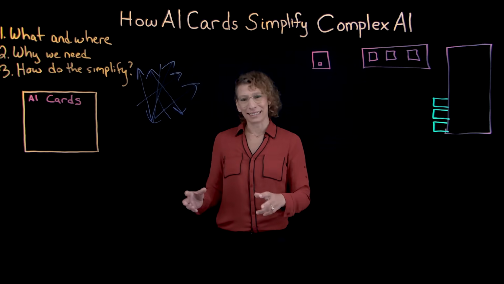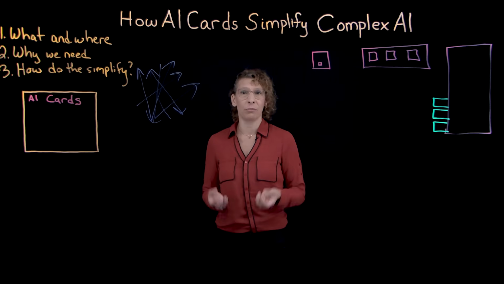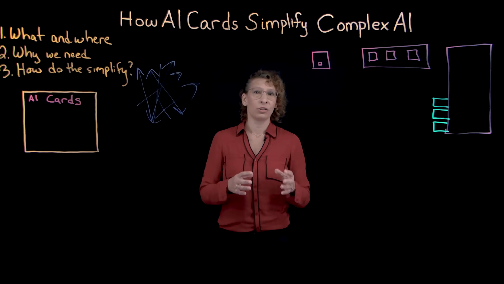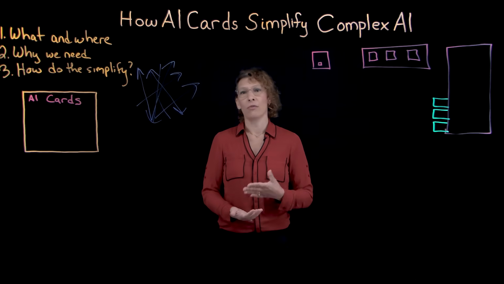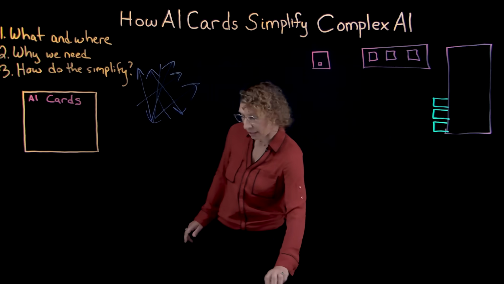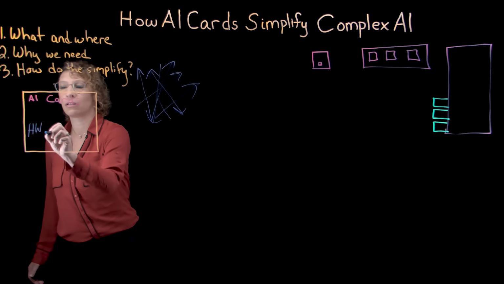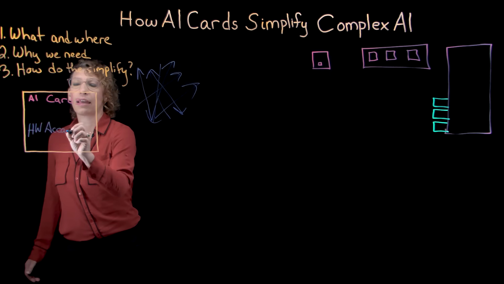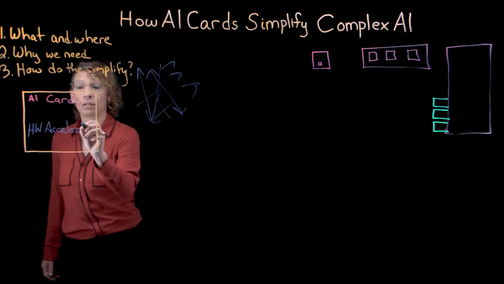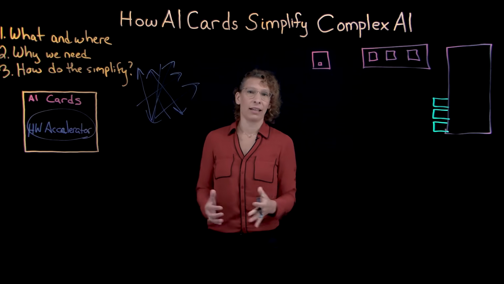But a hardware accelerator card, an AI accelerator card, is something where the microarchitecture was designed and the chip was fabricated to perform acceleration of one or more specific AI tasks. So you can think of hardware accelerators as a very powerful subset of the AI card space in general.